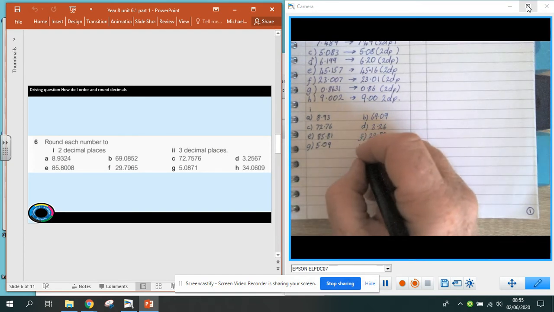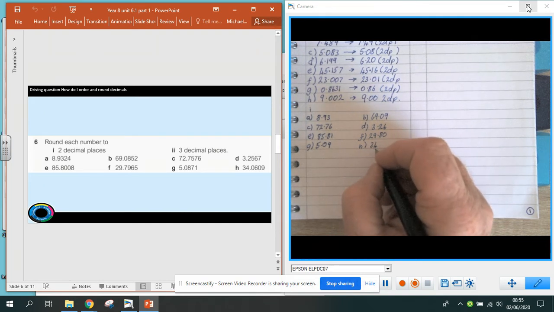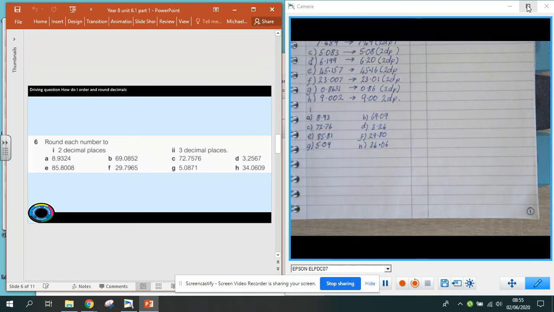And H is 34.06. So all of those numbers are rounded to 2 decimal places.